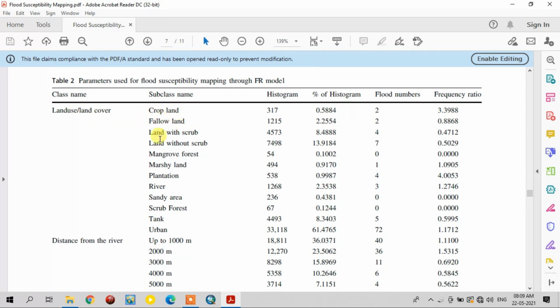See, land use land cover have some subclasses. These subclasses are classified area wise.